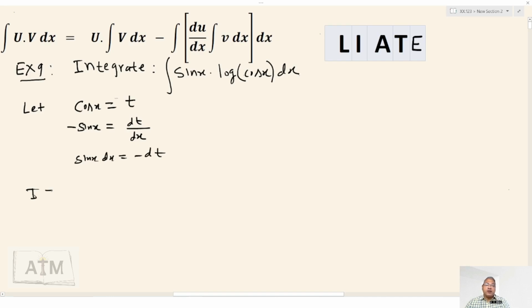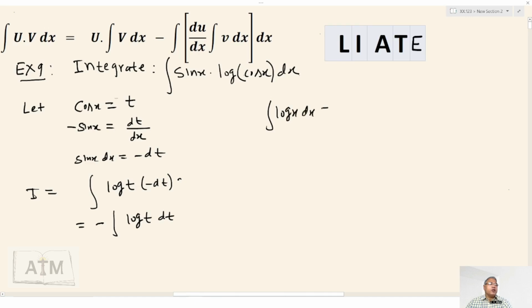Therefore I equals, here log t minus of t with respect to t, so minus is taken outside, integration of log t with respect to t. Now we know the formula, integration of log x with respect to x equals x into (log x minus 1) plus c. This is the formula.